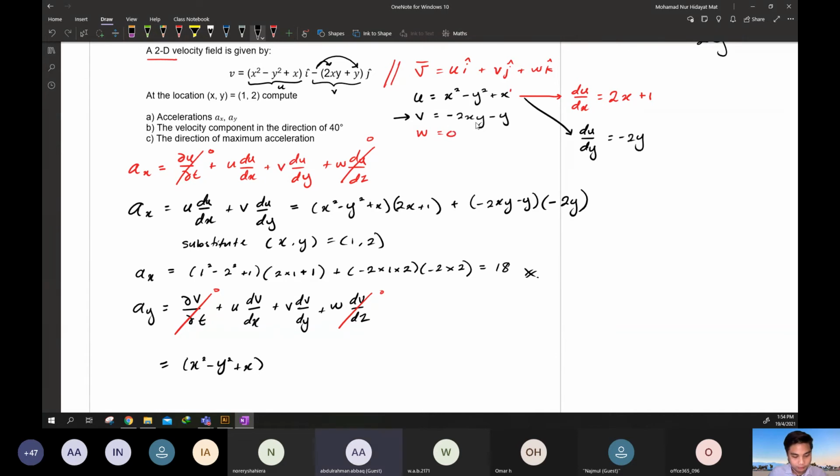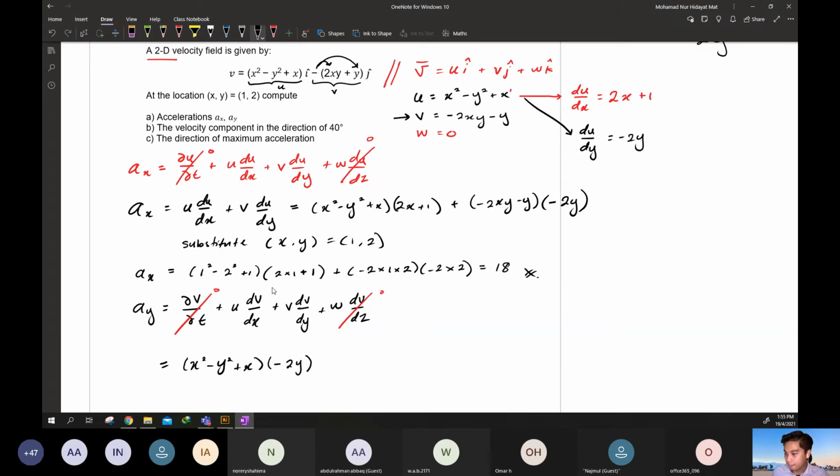In terms of x it is minus 2y, only this.